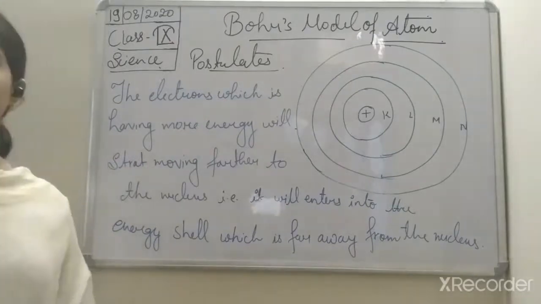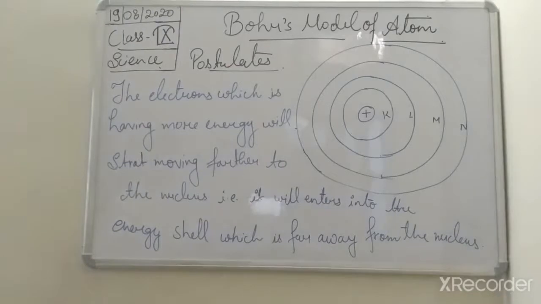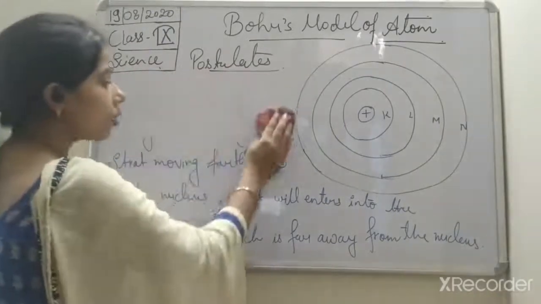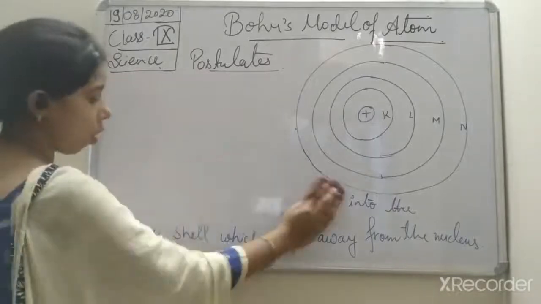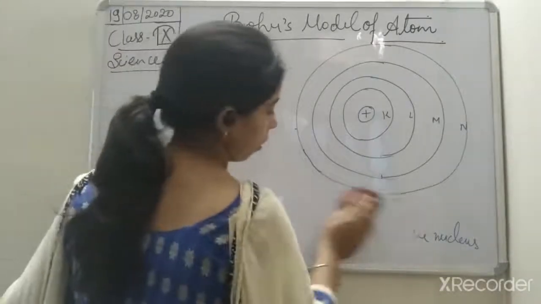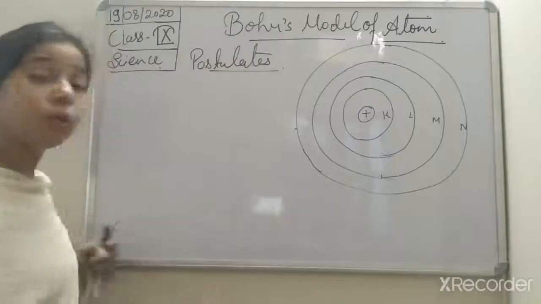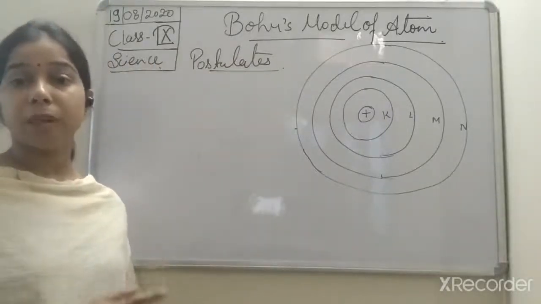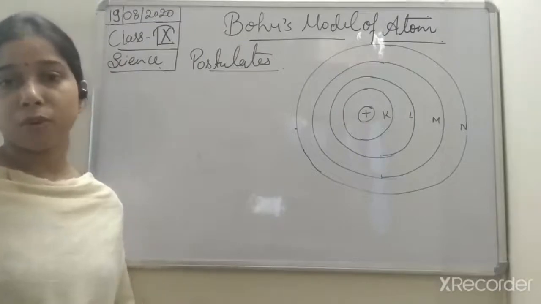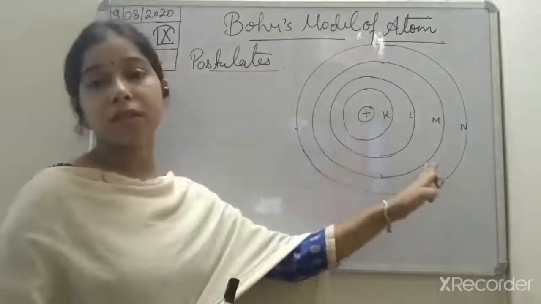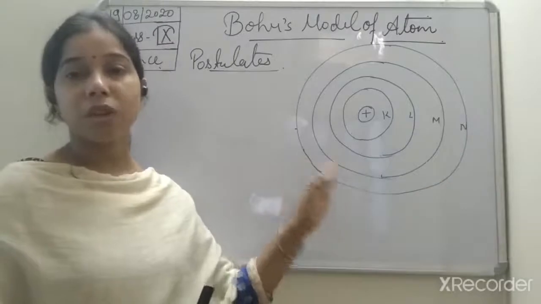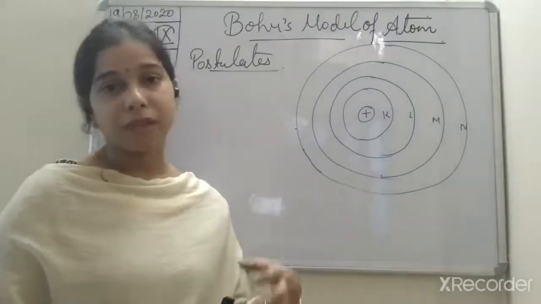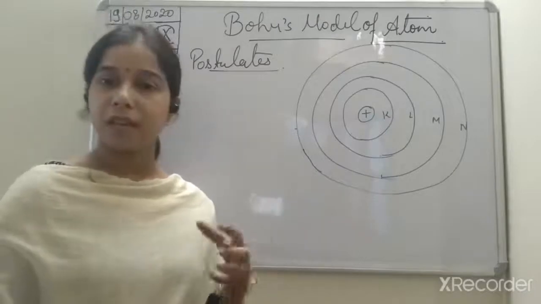Now we move to the next postulate, students. The next postulate is that an electron present in an orbit will neither lose energy nor gain energy, but it will remain constant. Let me tell you before that, students, when we divided the shells, we said that each shell has a different energy level, and it is a fixed energy shell.